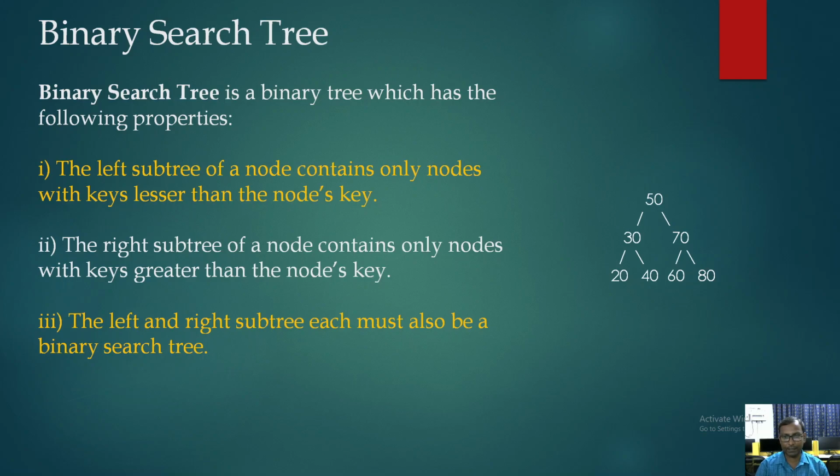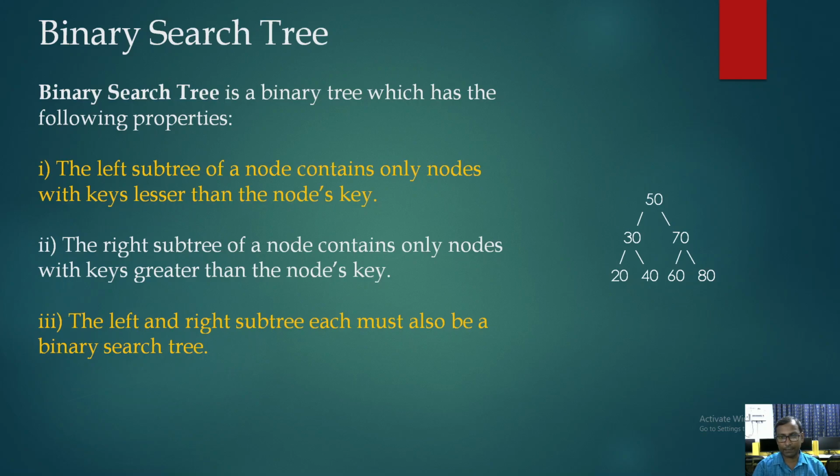Now the figure on the right side is one example of a binary search tree. In this tree, the root is 50 and the left subtree of this root contains the data elements 20, 30 and 40, which are all less than 50.